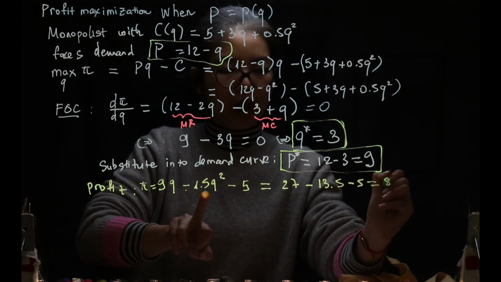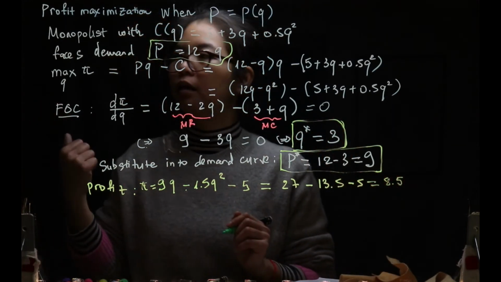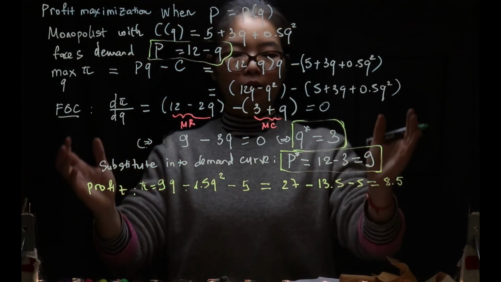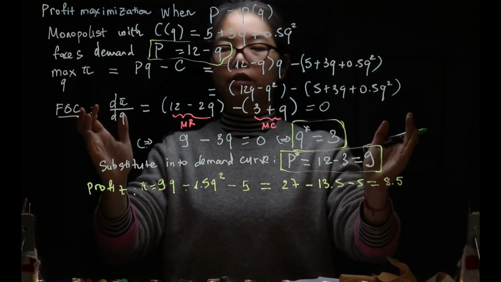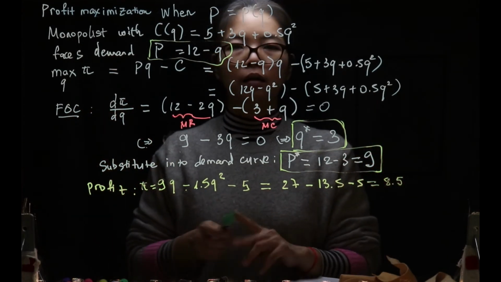At the end you have 8.5. So that is the profit that this monopolist will get as his maximized profit.